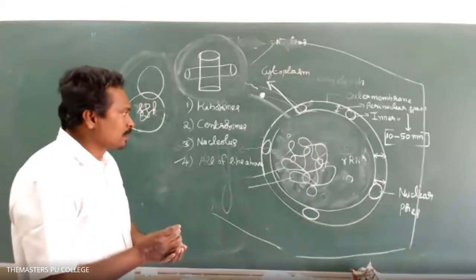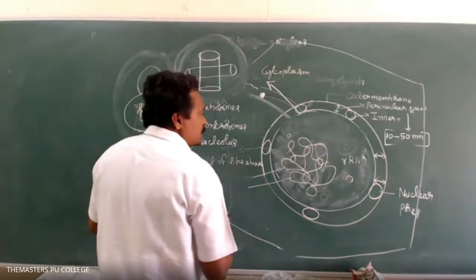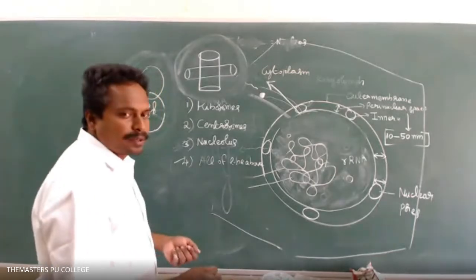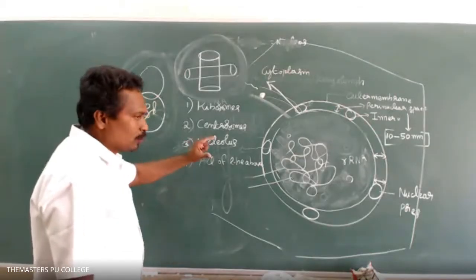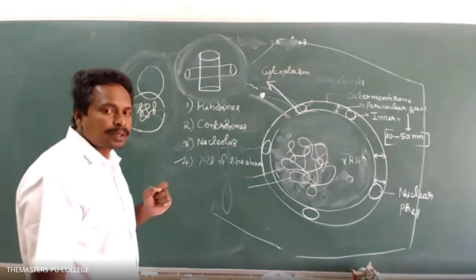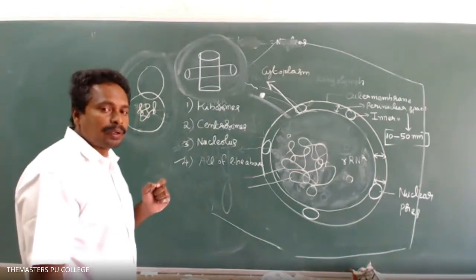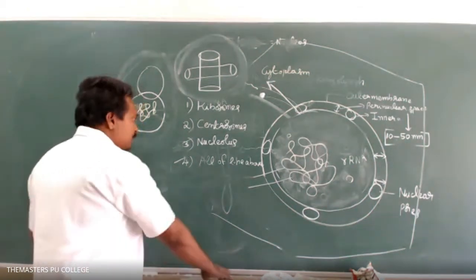No, sir. Right. Which part of the nucleus is involved in the formation of chromosomes? Chromatin material. And the number of nuclei also varies depending upon the types of cells.